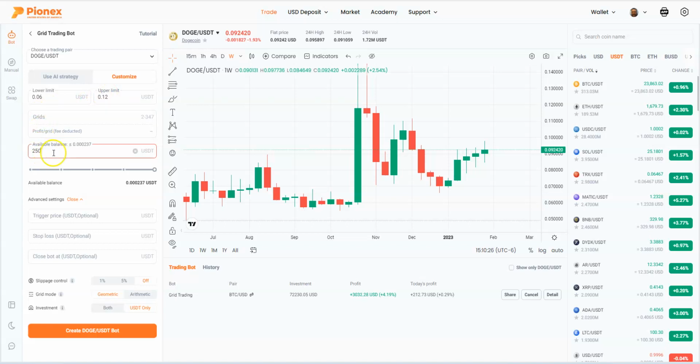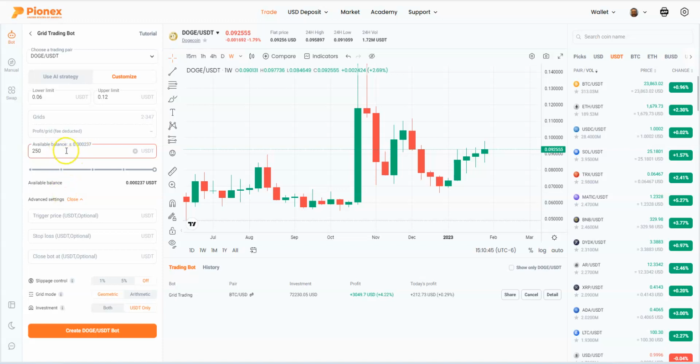But I've seen some of these as low as $7, $8, $9. So you're probably not going to have to worry too much about the bottom. And if it is, you can adjust your lower limit, your upper limit, and the number of grids, and you can see that it will tell you, now you have enough funds to trade.